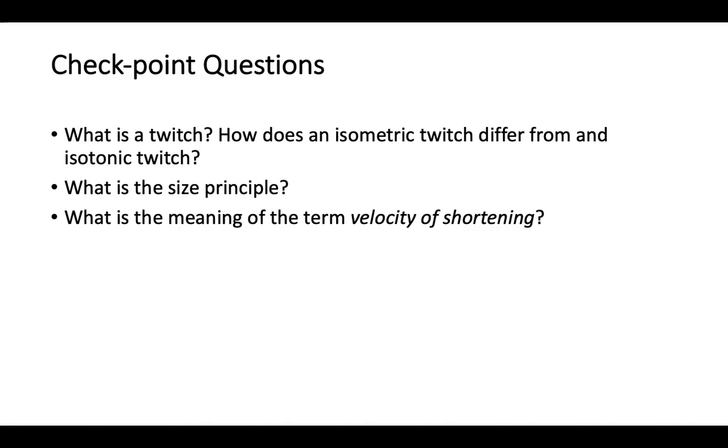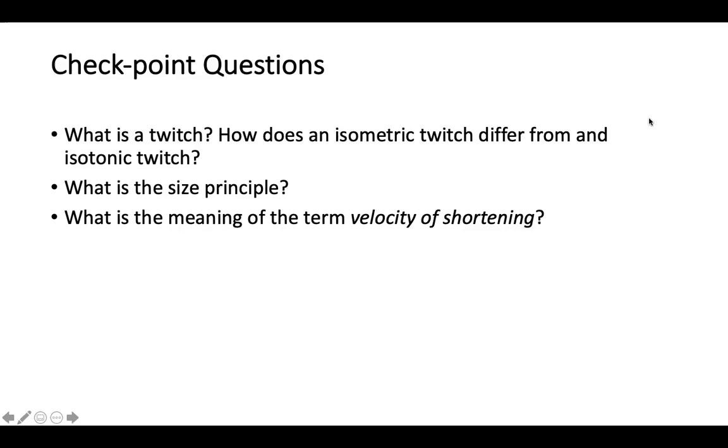Just to expound again, the order being from small to large, right? Smaller amounts of work, smaller motor neurons, smaller motor units, smaller muscle fibers, and then we recruit larger ones for heavier, more strenuous activity. So awesome, well said, perfectly correct.